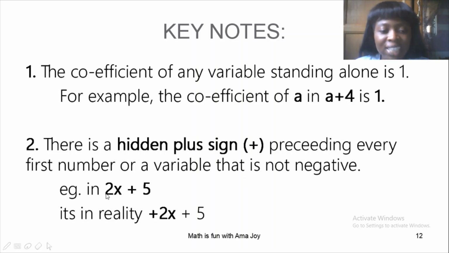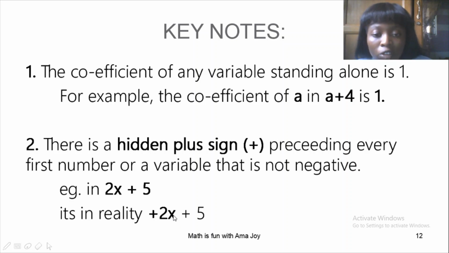This keynote is saying that if it happens to be like this, then there is a preceding plus sign. So in reality, it is plus 2x plus 5. Each of them has its sign: the sign for 2x is plus and the sign for 5 is plus.